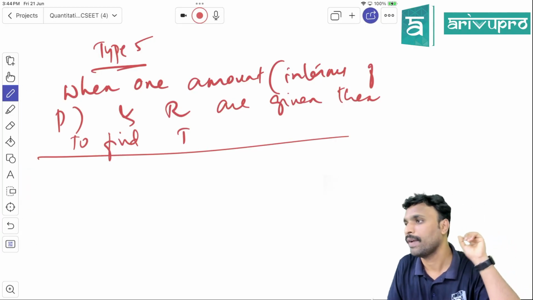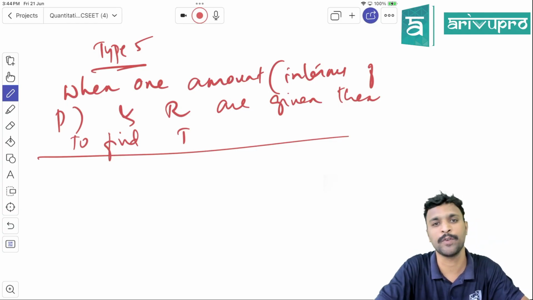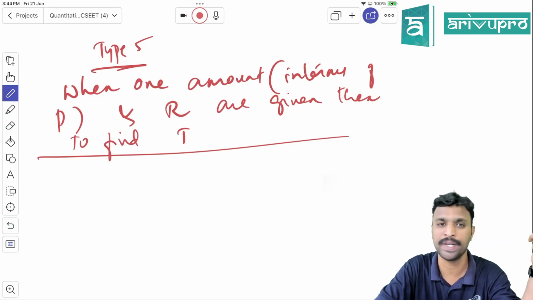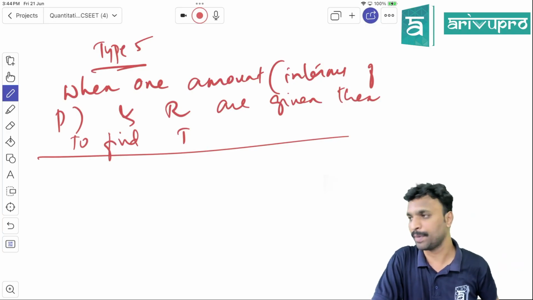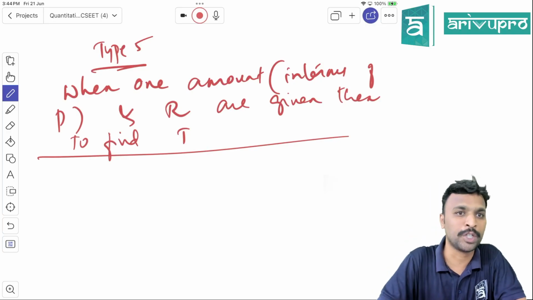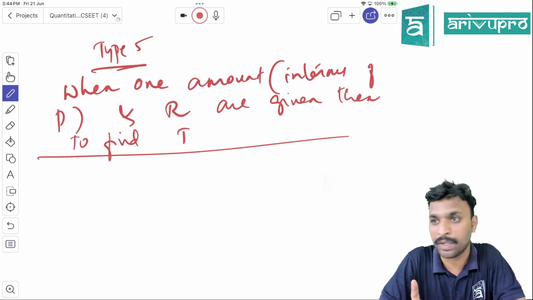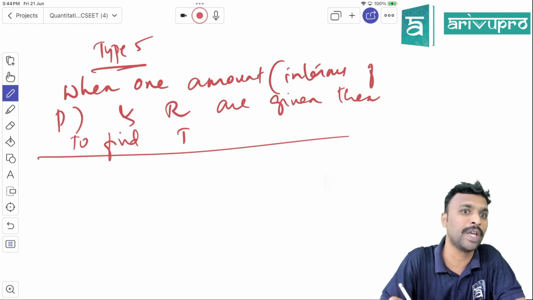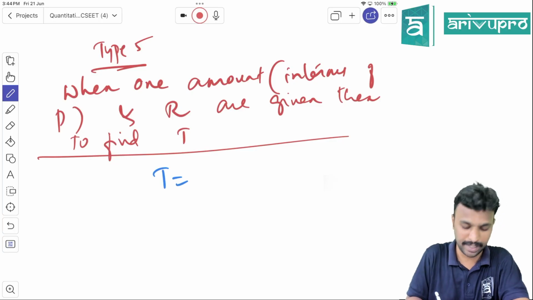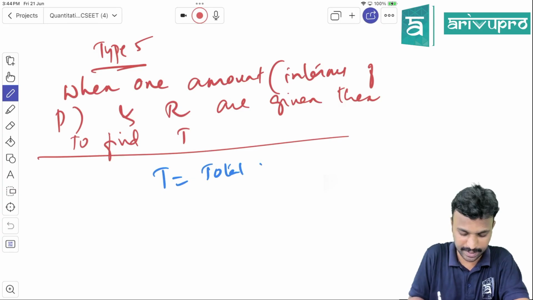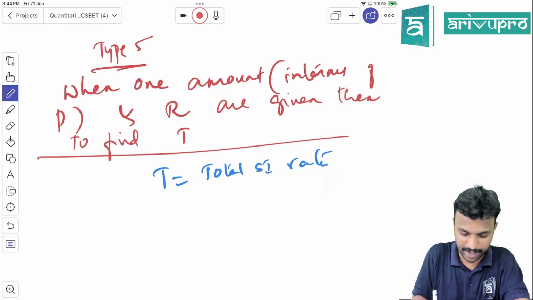Look, for such a question, there is only one amount in terms of principal. If two amounts are given in terms of principal, it is type 4: (A2 minus 1) by (A1 minus 1) into T1. Here, whatever amount they give is in terms of principal. Along with the amount, they'll also give you the rate. They'll ask you to find the time. For such problems, T is equal to total SI rate divided by R.